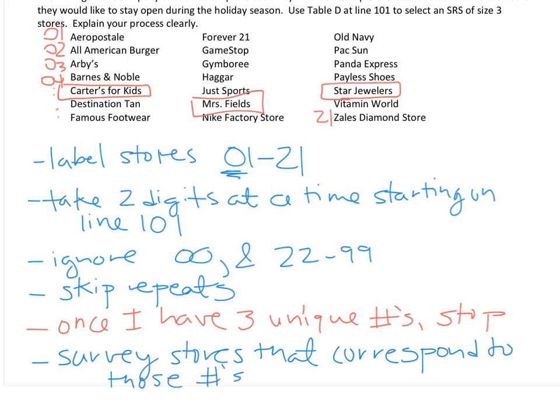One thing that I often see is people will say something like, take 3 random stores, right? But here I'm not taking 3 random stores. I'm finding 3 random numbers, and then they correspond to those stores. So just being specific about what you are actually doing, thinking before you start writing, what is my process going to be to get me here? And if you do that and you're specific, you'll get all those steps. But you do need all of these steps to get full credit on one of these questions.